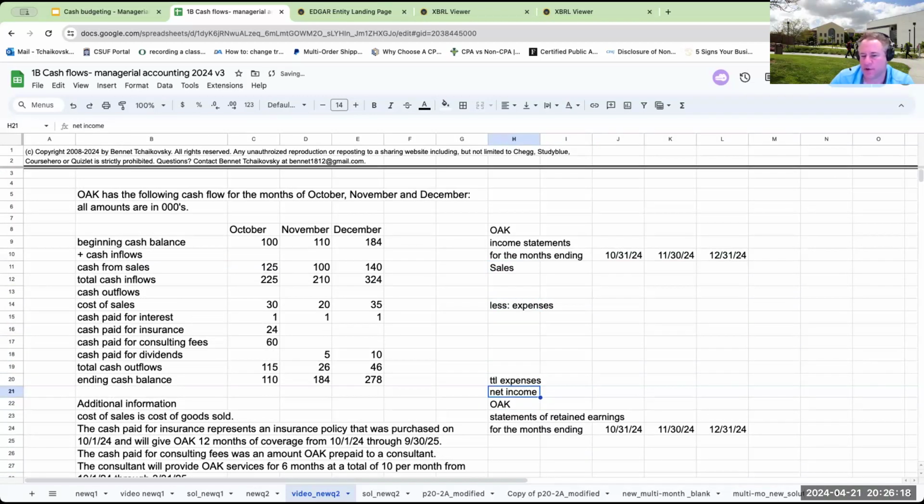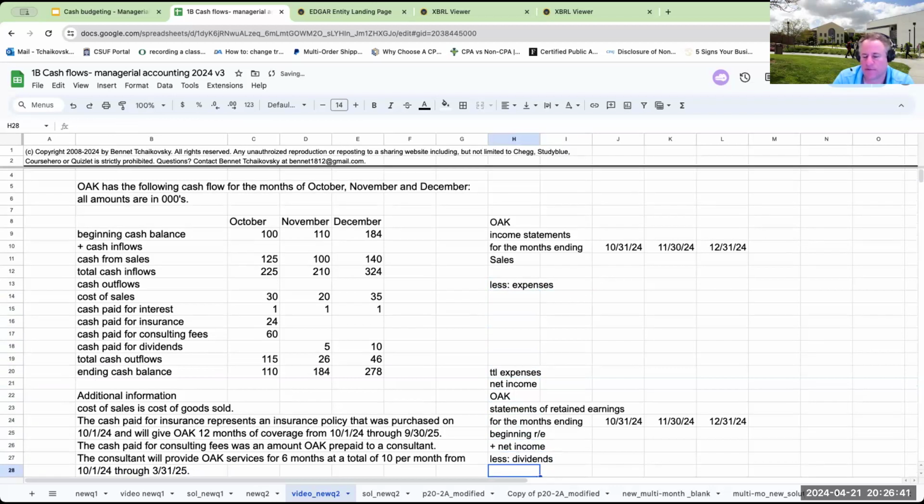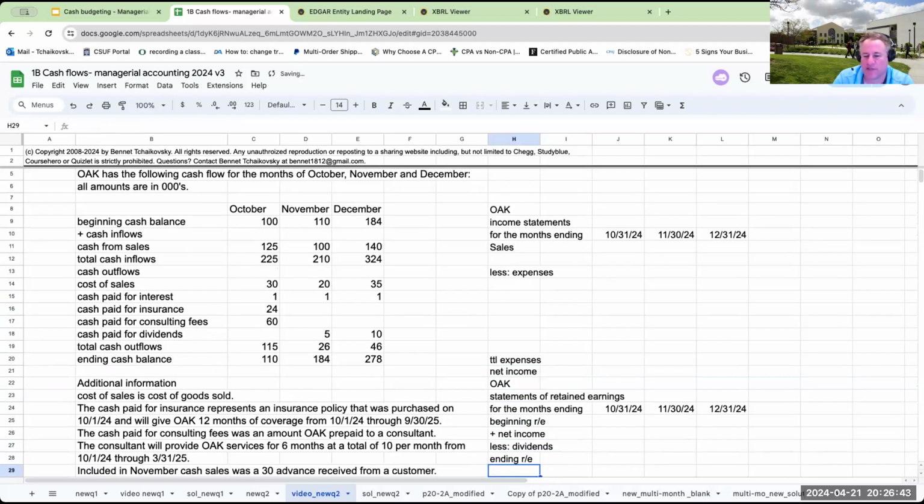We're just going to do single step, so it's basically just sales less expenses. Coming over to the statements of retained earnings, we're going to have beginning retained earnings plus our net income. That's why we have to do the above first. Less our dividends gives us our ending retained earnings. Feel free to abbreviate.